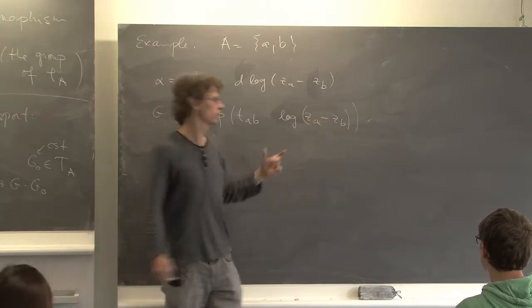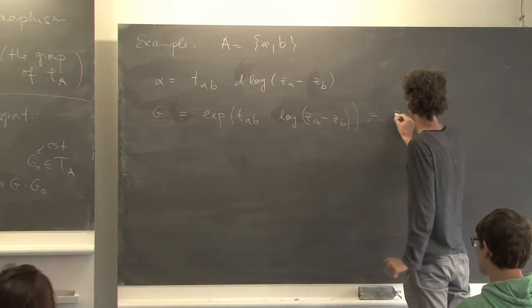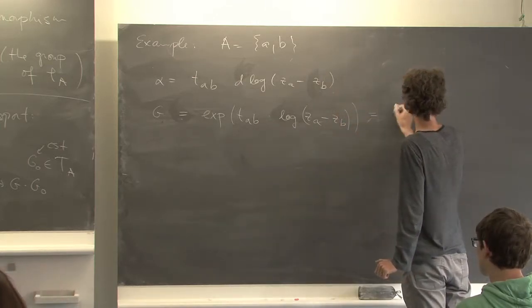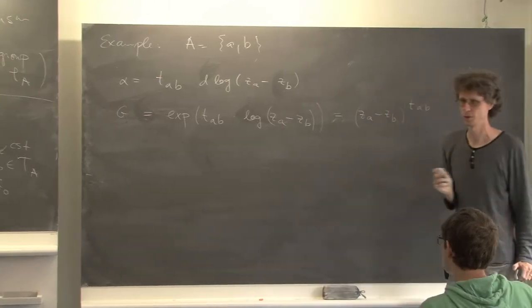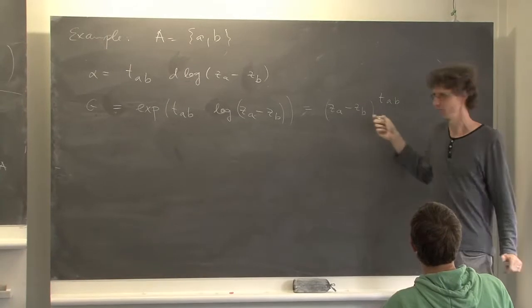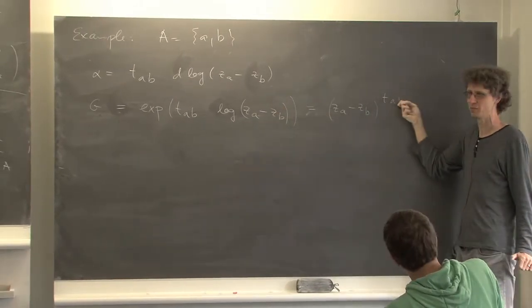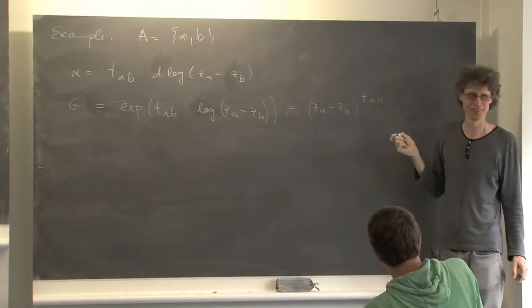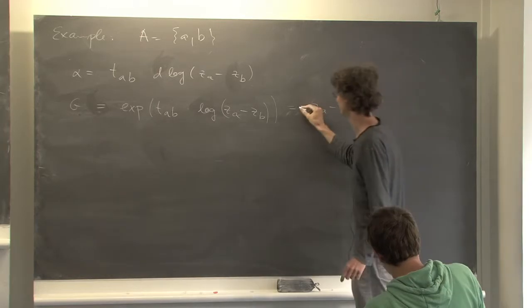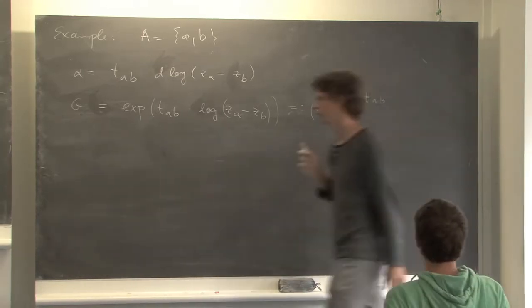But still, it's very convenient to write it in this way, that it's ZA minus ZB power TAB, but it means that guy. It means this stuff. We're taking power by something which is not a number, but something. So that thing is defined in this way.